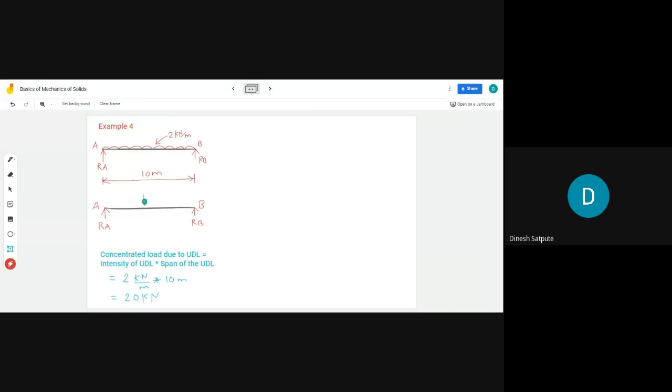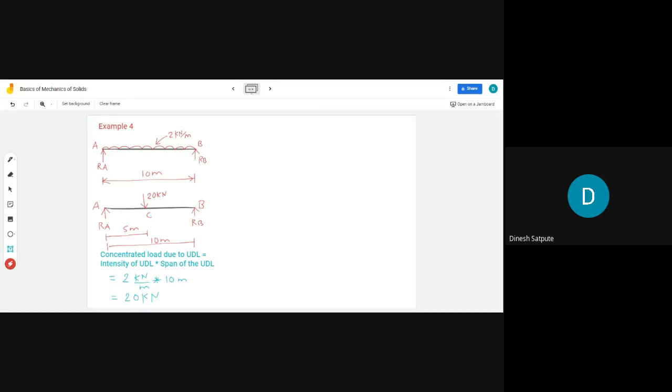Like this, 20 kilonewton. This is how we convert UDL into a concentrated load. This distance will be equal to 5 meters, and the total span of the beam is 10 meters. This point is point C.